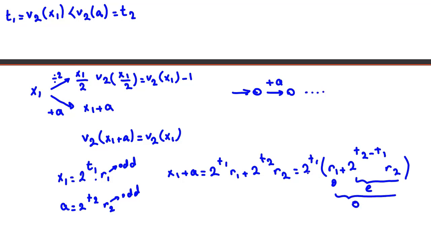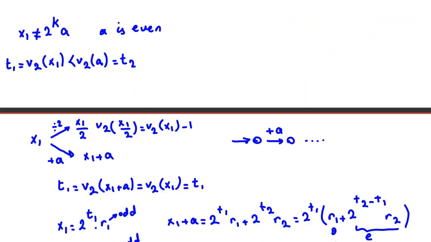Odd times 2^t1, so v2 of this number will be t1. So v2 of x1 plus a is t1, and v2 of x1 was t1. Okay, so we've proved that if v2 of x1 is less than v2 of a, Bob can do something to reach an odd number, and for this number, Bob can do something to stop this case.